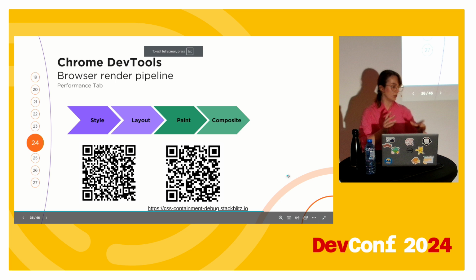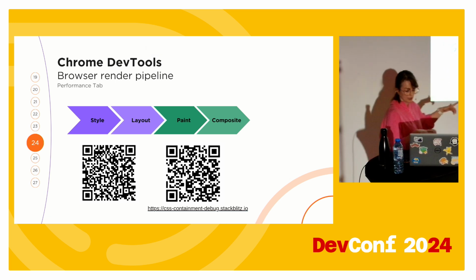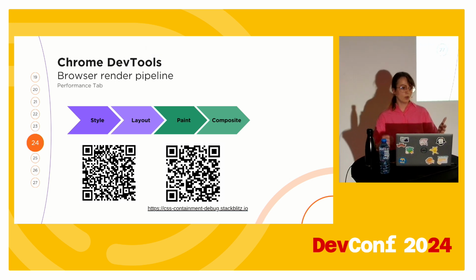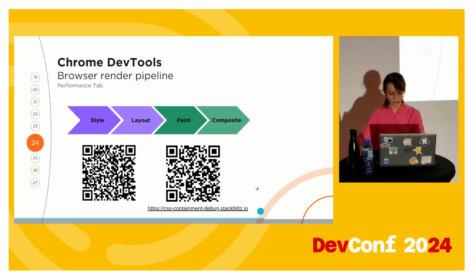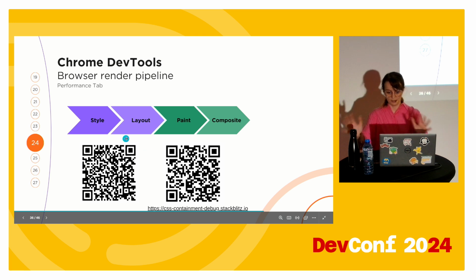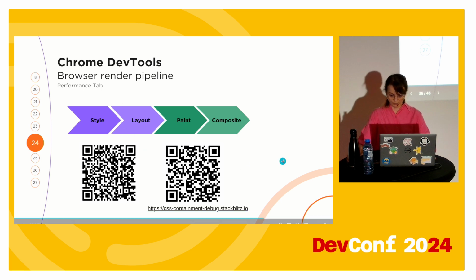And here's also the QR code to this StackBlitz. You can check what is going on under the hood, so which styles affect layouting or painting, and so on. It's super useful when you want to understand these purple and green parts.